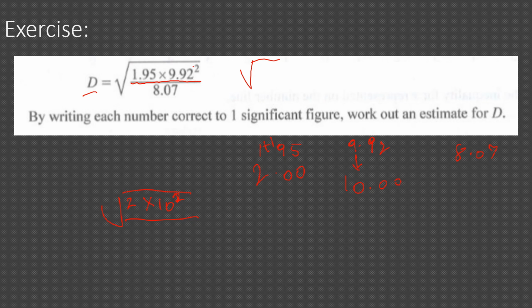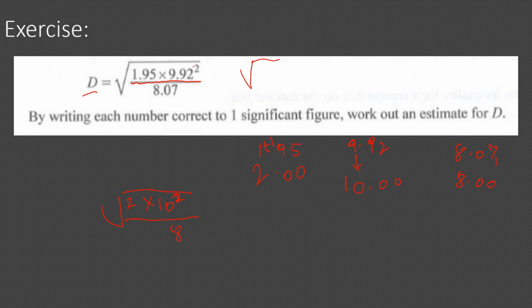You look at the third number, which is 8.07. 8 is the first significant figure, so look at the number after. Due to 0 not being in the range of rounding up, rather rounding down, we leave the 8. 8 will now stay here, and the numbers after will become 0 and 0. And so this will now become over 8.